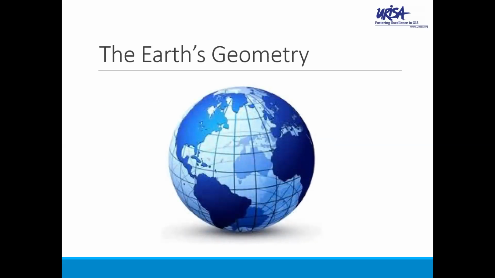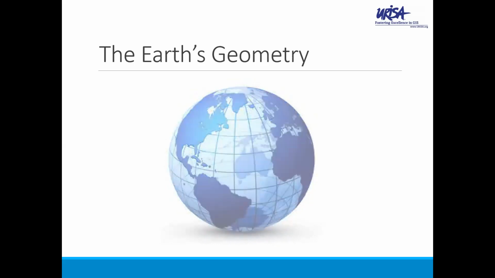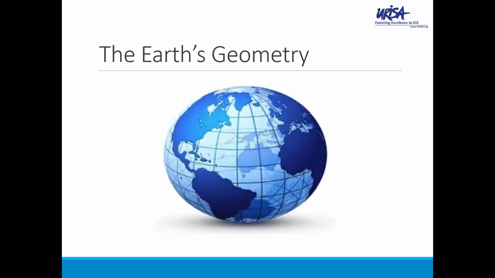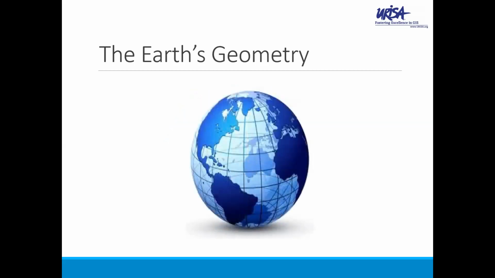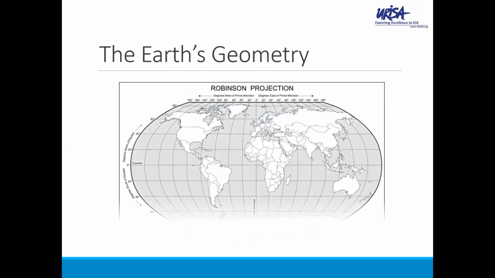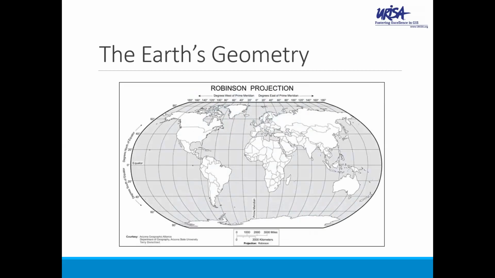We can look simply at the Earth's geometry. If the Earth were a perfect sphere, then many, if not most, of our problems would disappear. But in fact, it's not. And we need to understand what its shape actually is in order to use it to best advantage, or be able to represent it to best advantage.